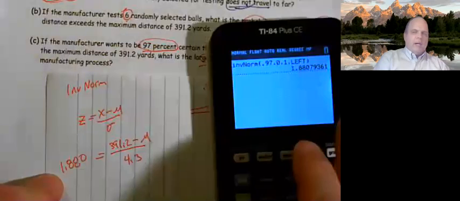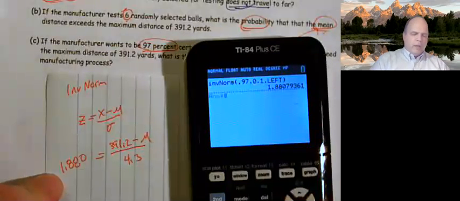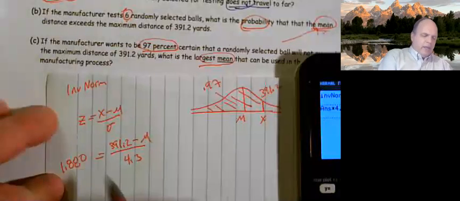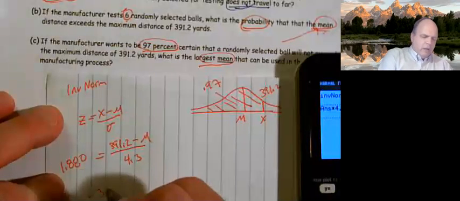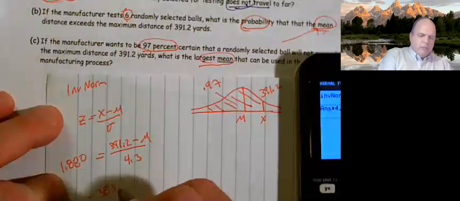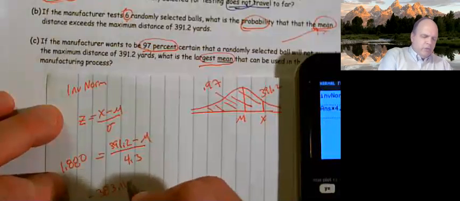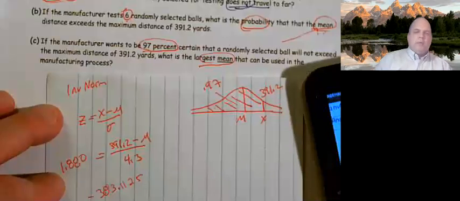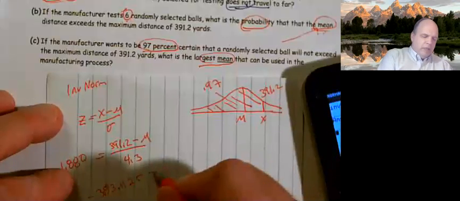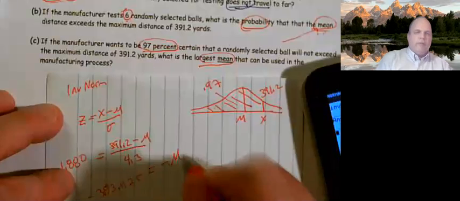And then I'm going to solve by algebra. So times 4.3 minus 391.2, and I get a negative 383.1125, and people are freaking out, but it equals a negative mu.